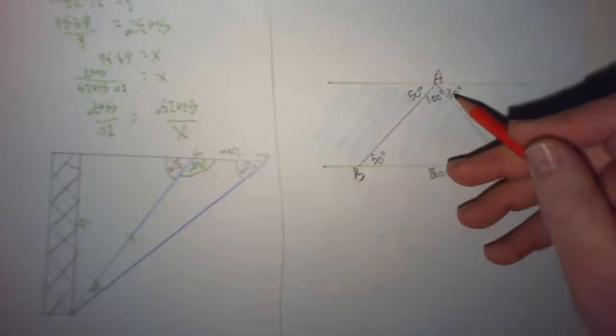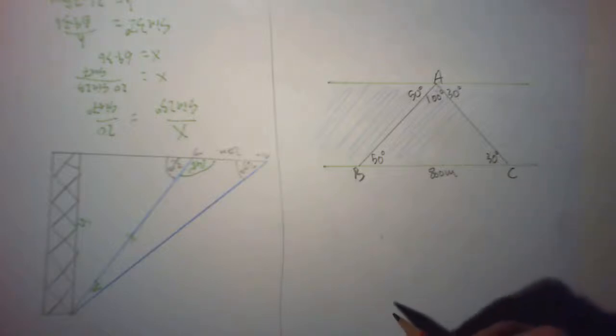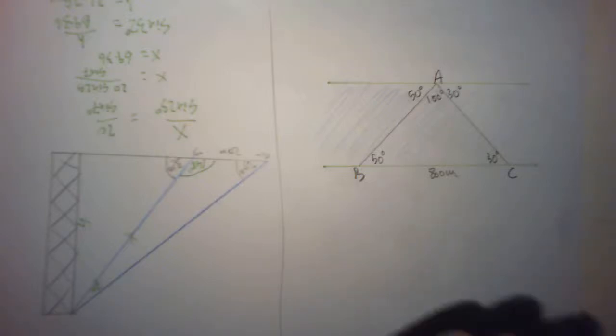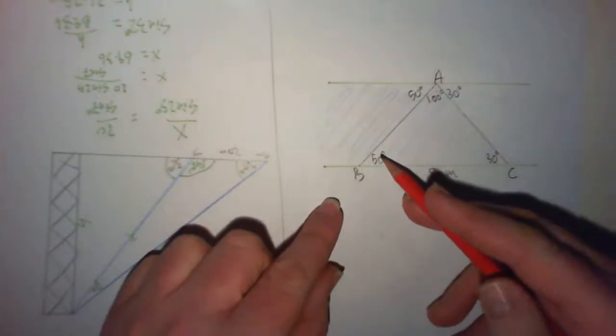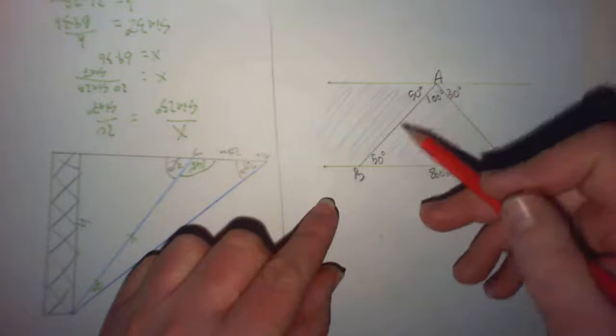And if that is 30, that makes that 30. So the question now becomes, can we figure this out? Let's have a look. I think we can. So let's go for AB first.